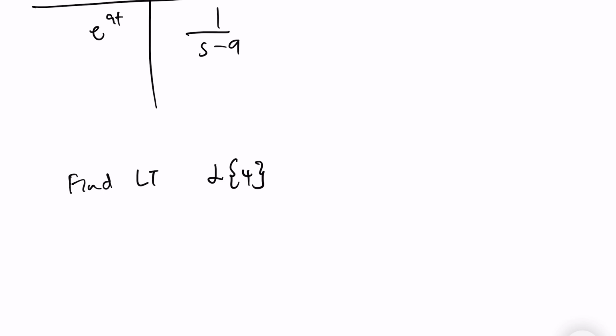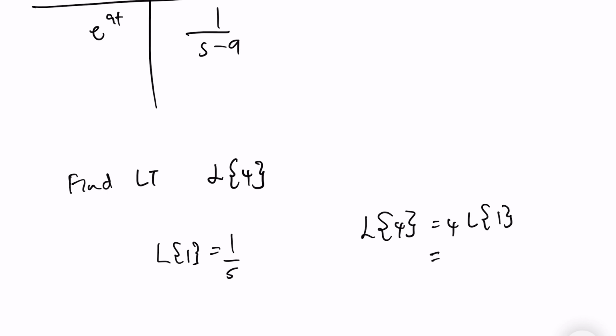So the Laplace transform of 4 is equal to 4 times the Laplace transform of 1, which is 4 multiplied by 1 over s, and you get 4 over s.